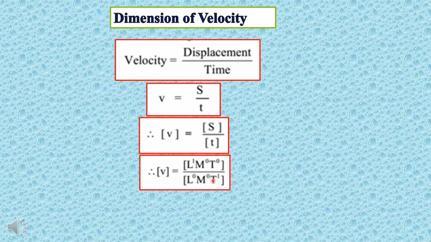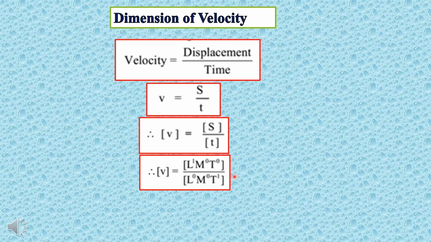Here you can see that I have written L to the power 1, M to the power 0 and T to the power 0 in the numerator, and in the denominator L to the power 0, M to the power 0 and T to the power 1. It's a standard way of writing.